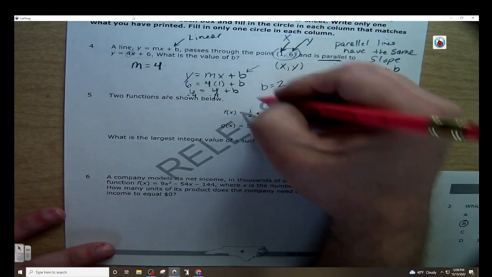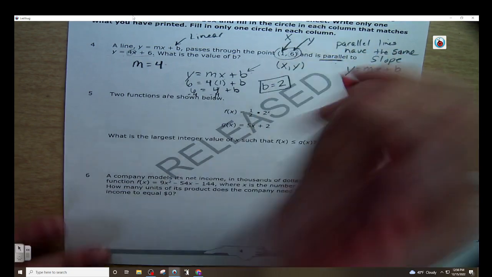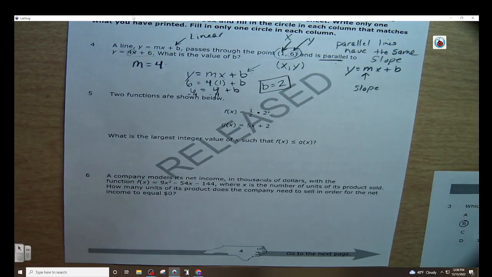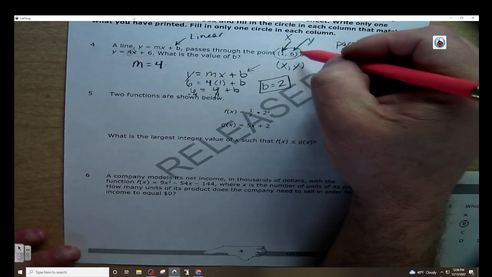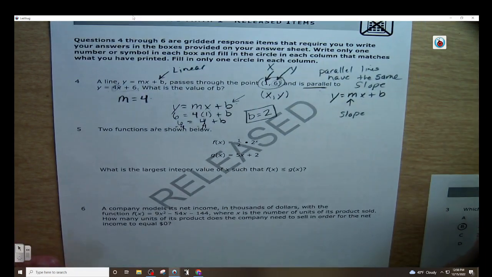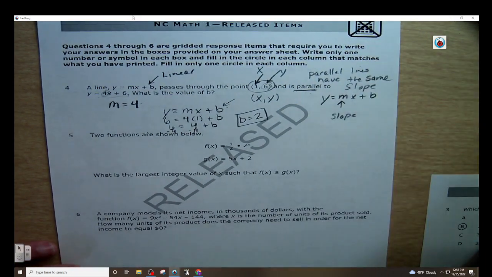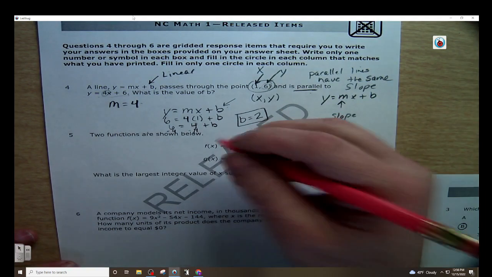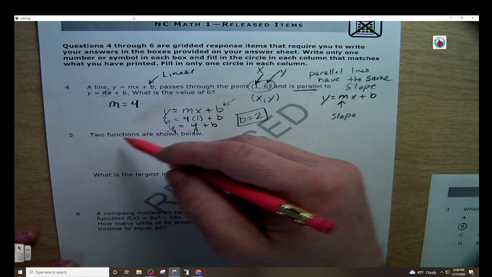So what is the value of b? 2. And once again, guys, it'd be great if you had a calculator that you could actually check and make sure it is correct by seeing if it goes through the point. But like I said, that's not possible here, because it is calculator inactive. Now, guys, if you remember, it says 2 functions shown below.